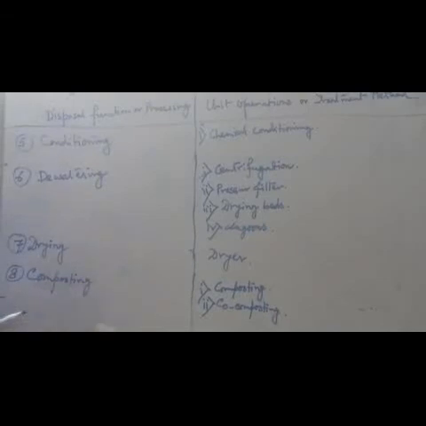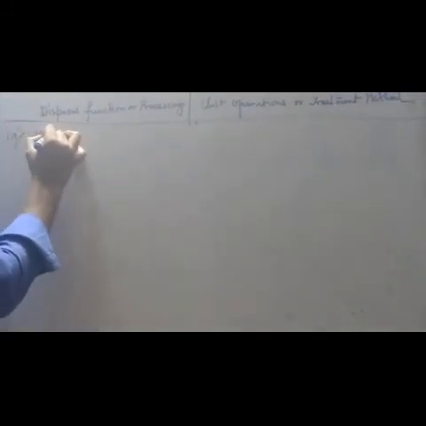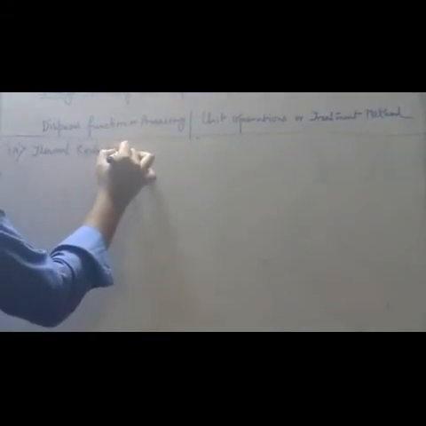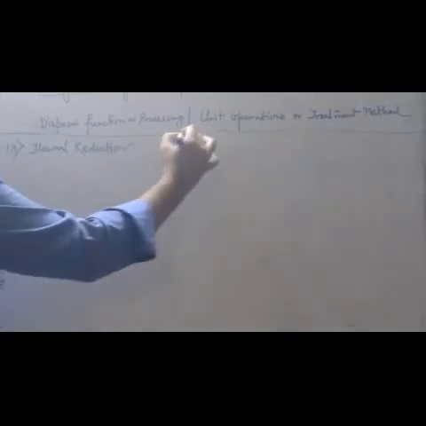The next disposal function is thermal reduction. So number 9 is thermal reduction. It can occur by different methods. The first is flash combustion.